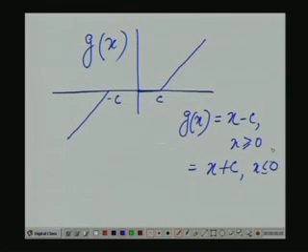In fact, to be very correct, we should write 0 plus and 0 minus to indicate the right side of 0 and left side of 0. Okay.